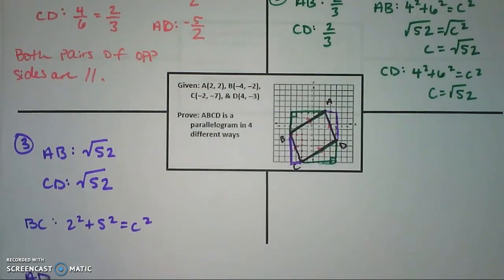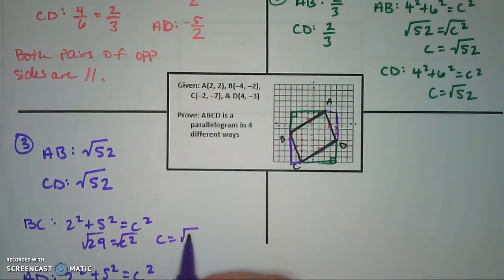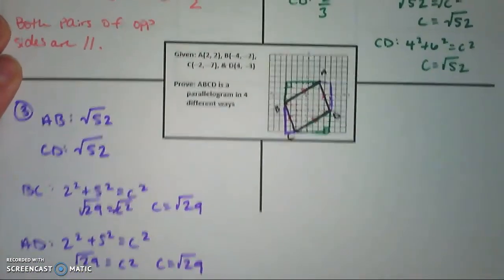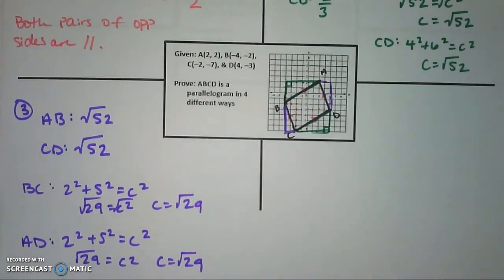So AD would also be 2 squared plus 5 squared equals c squared. So when we finish those up, you're going to have 29 is equal to c squared. If we were to square root that, c is equal to the square root of 29. Over here, you also have the square root of 29, so c is equal to the square root of 29. You have 2 pairs of opposite sides that are congruent to each other.